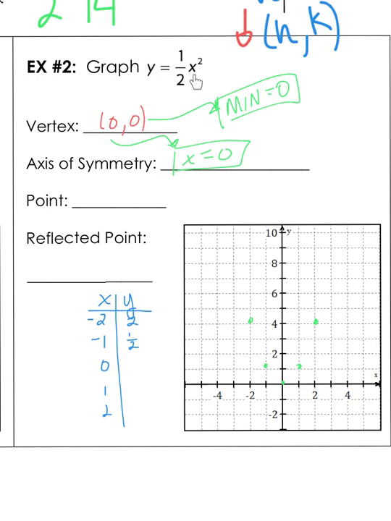If I take 0 and square it, I get 0 times 1/2 is 0. So my vertex has not changed. Take 1, square it, you get 1. Half of 1 is 1/2. So there's a reflected point. And then take 2, square it, you get 4. Half of 4 is 2. So let's plot these points.